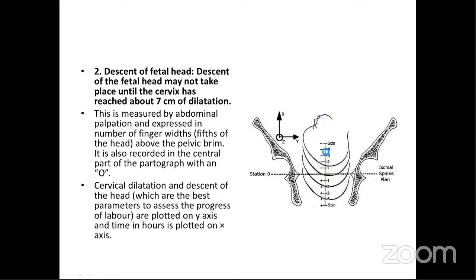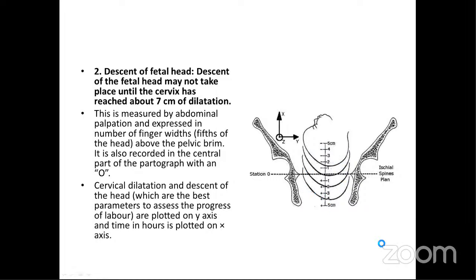And on per abdominal examination, only 2/5 or 1/5 of the fetal head should be felt. And on PV examination, it should lie at 0 station or beyond. That is when it indicates that engagement has occurred, right?